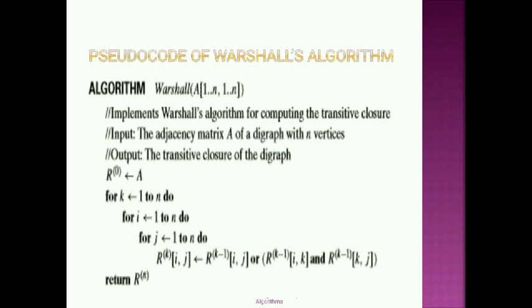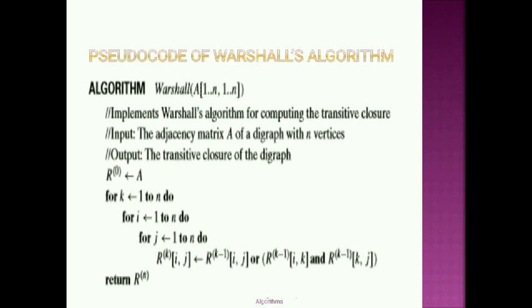We are using the previous matrix R_(k-1)(i,j), OR, where OR is a bitwise operator here, R_(k-1)(i,k) AND R_(k-1)(k,j).